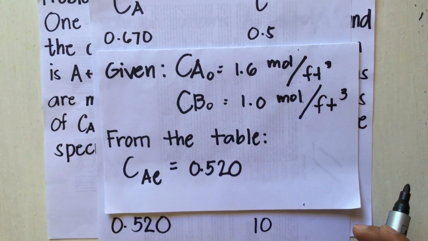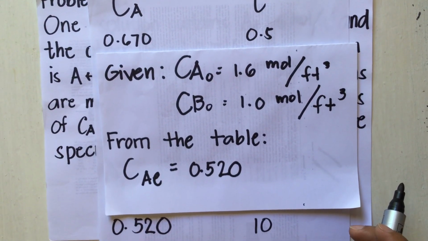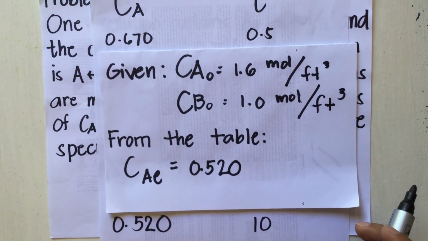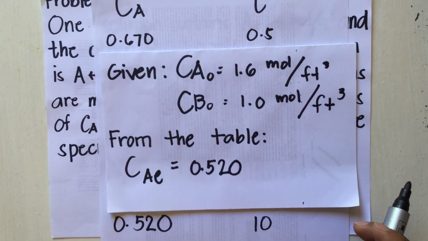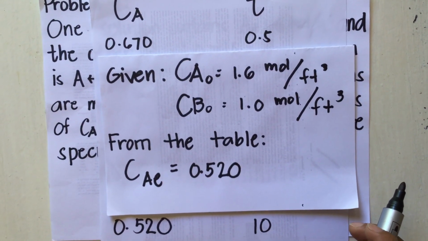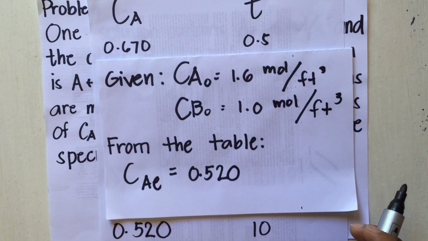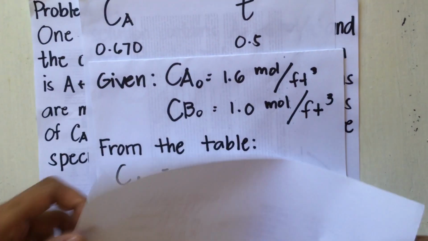Now this problem is an example of a first order reversible reaction. Therefore, to solve for the specific rate of a reactant, we need first to derive the rate of reaction.